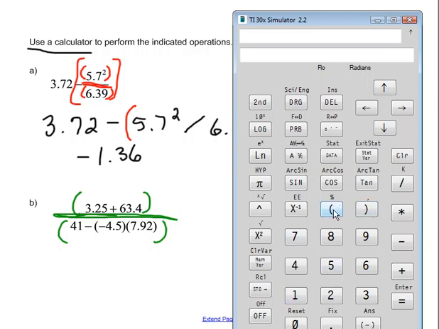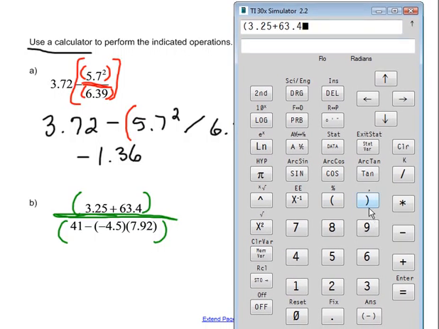So in parentheses for our numerator, we're going to do 3.25, and we're going to add to that 63.4. Now we're going to close off the numerator, and then we're going to divide by, and now we're going to enter in that denominator again in parentheses.